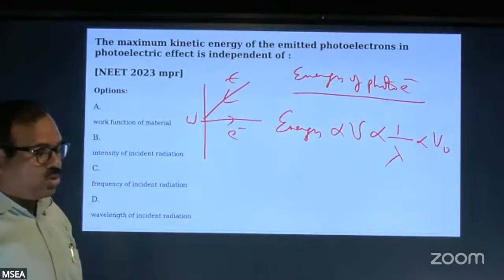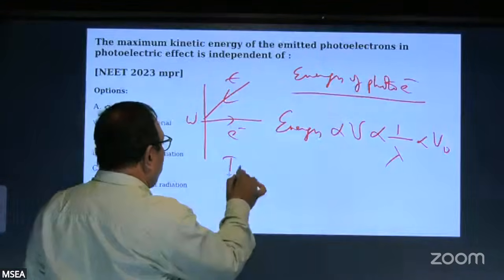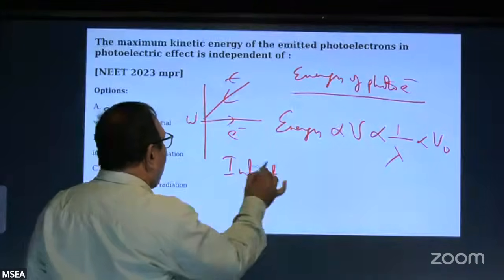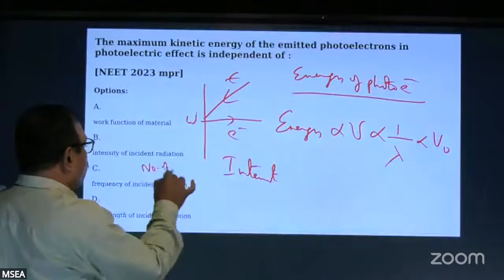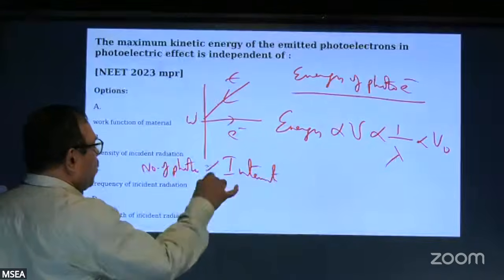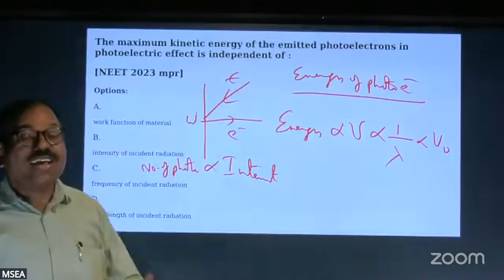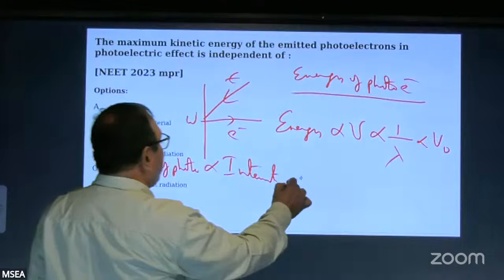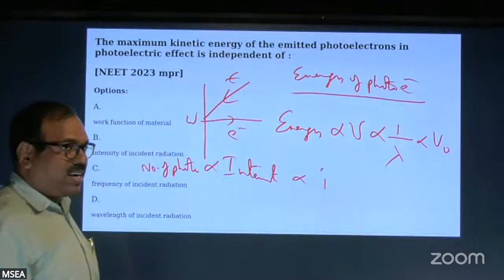But one more important thing: the intensity, or we can say the number of photoelectrons. The number of photoelectrons is directly proportional to intensity. Intensity is related to the photocurrent.